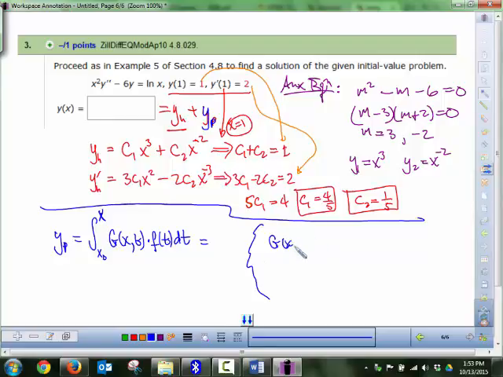G of x comma t is equal to... what's y1 again? X or t? T, right? So it's t cubed times x to the negative 2 power minus x cubed times t to the negative 2 power. We didn't do the Wronskian yet.